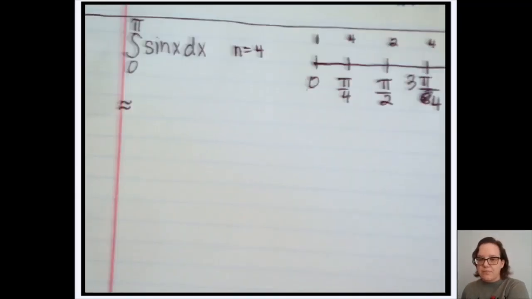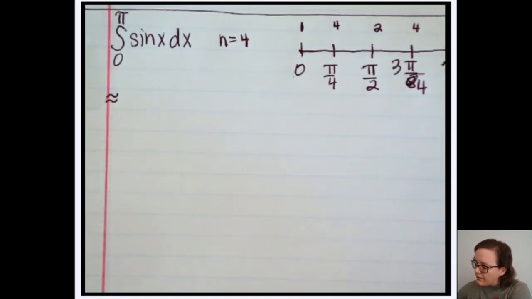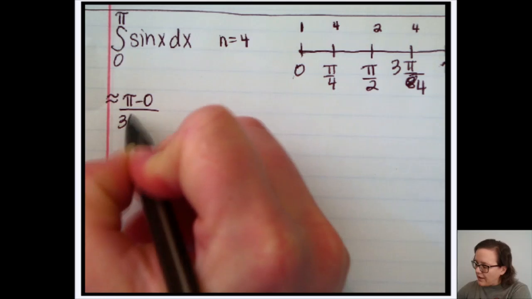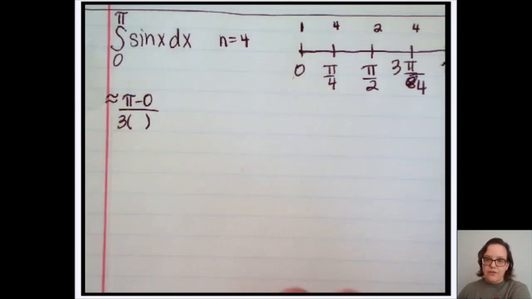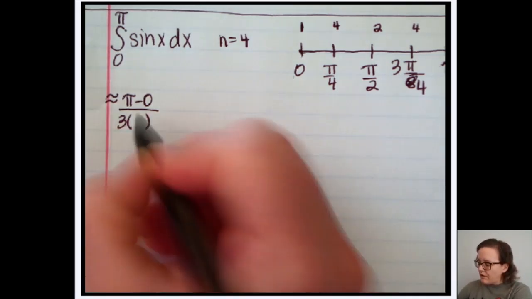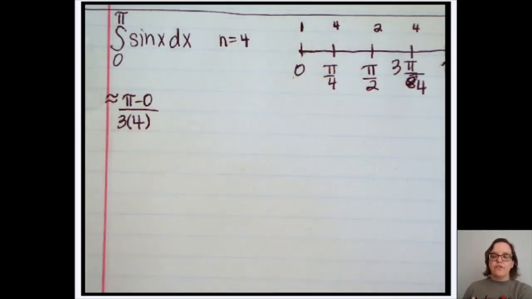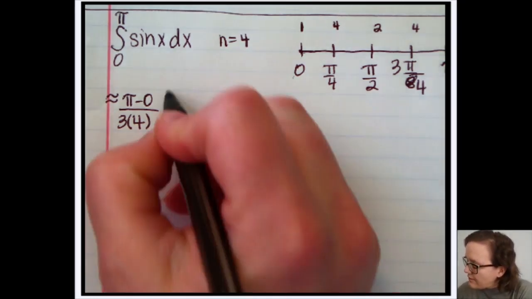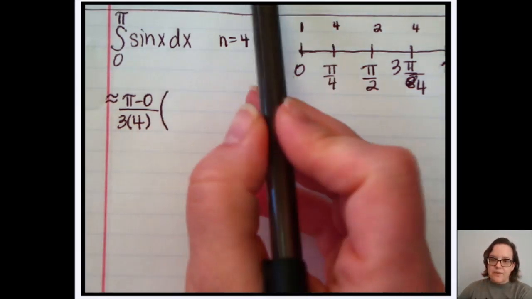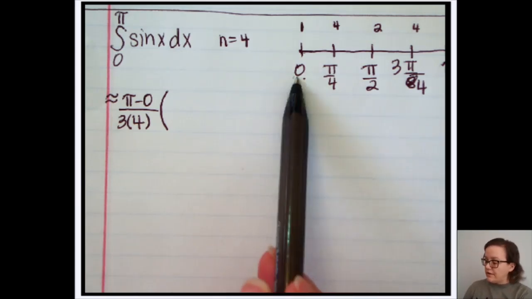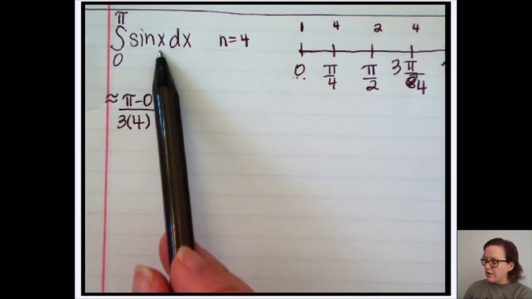We take b minus a, so in that case it'll be pi minus 0 over 3, and then we look for n, which was 4. Again, they give that to you. And the more intervals you have, the closer you'll get to your answer. Now these f of x's just mean we plug our number into our original function.